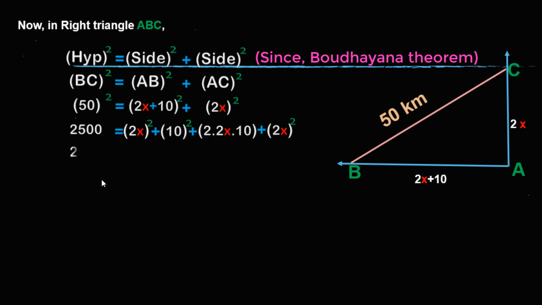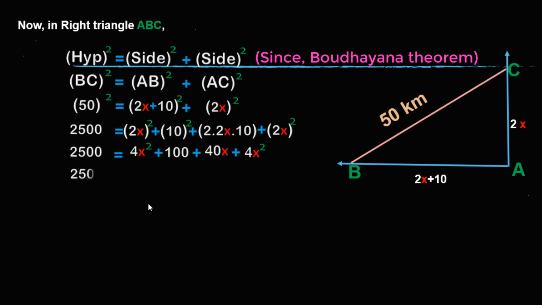Now again simplifying this, on the left hand side we get 2500, which equals 2x whole square written as 4x square, plus 10 square which is 100, plus 2 into 2 is 4, 4 into 10 is 40, so 40x, plus again 2x whole square can be written as 4x square. Here if we see these two like terms, 4x square and 4x square, they have the same signs, that are positive, so we can add these two like terms.